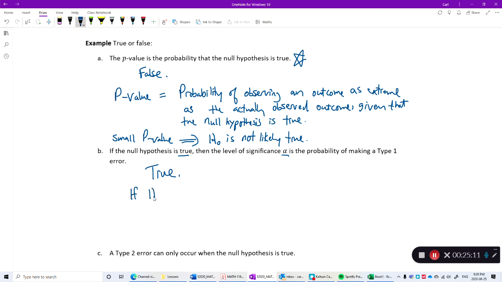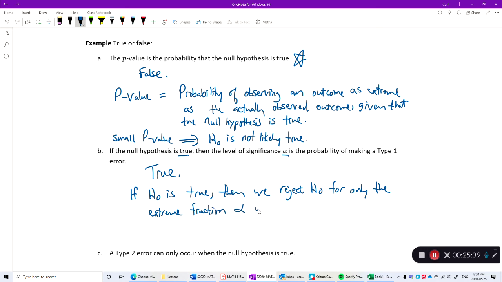If H0 is true, then we reject the null only for the most extreme 5%, or extreme fraction alpha, of all samples.